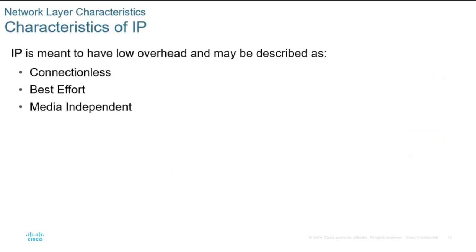And so we have the characteristics of the IP. IP is meant to have a low overhead and may be described as connectionless, best effort, and media independent. When we say connectionless, there is no connection with the destination established before sending the data packets.